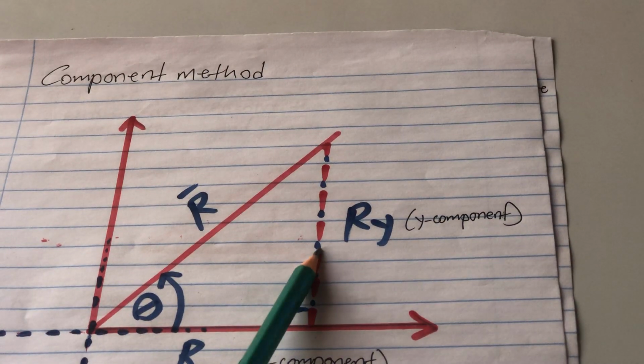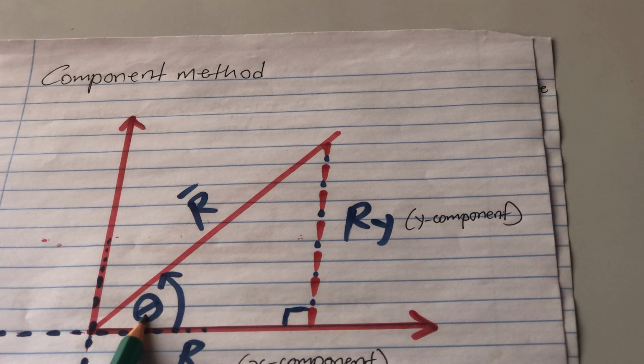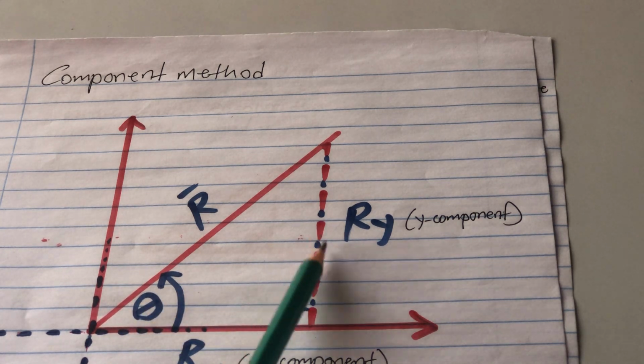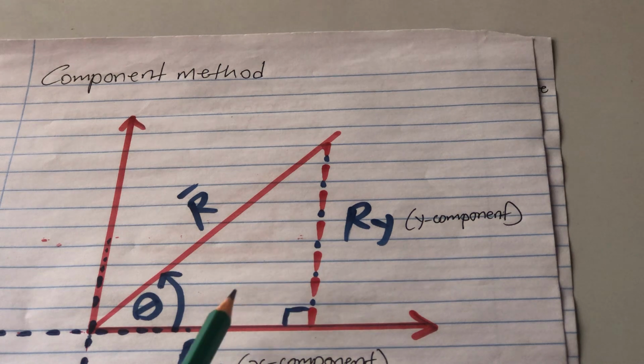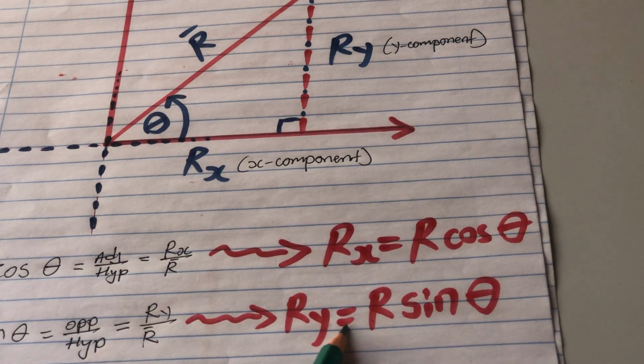For the side which is opposite to angle theta, its formula will contain sine. And we check the formula here: Ry equals R sine theta.